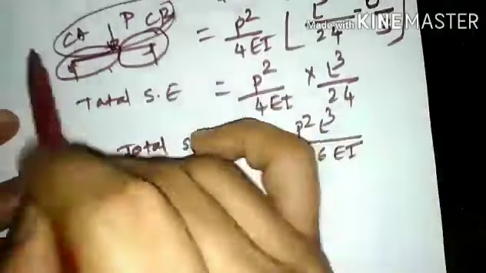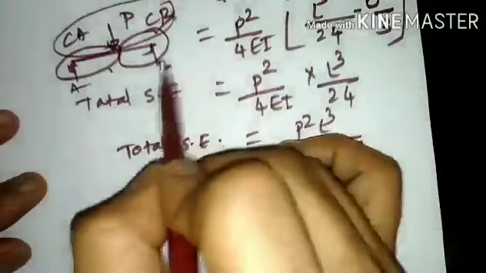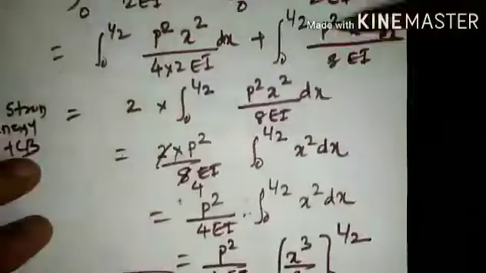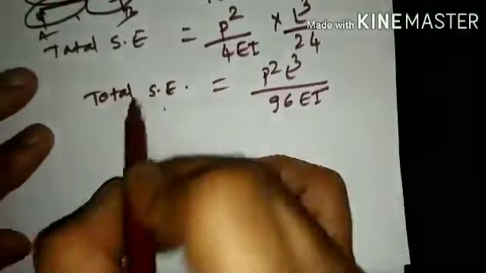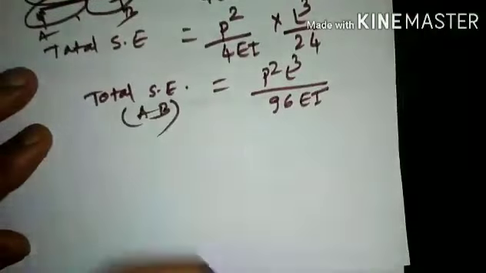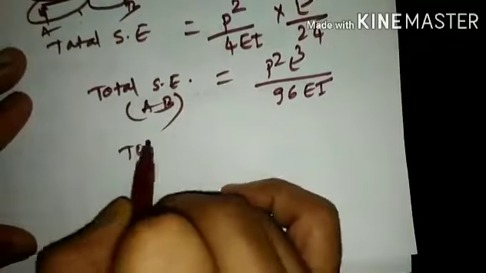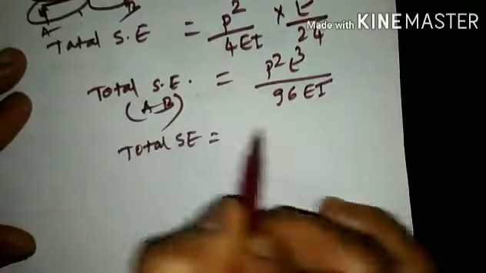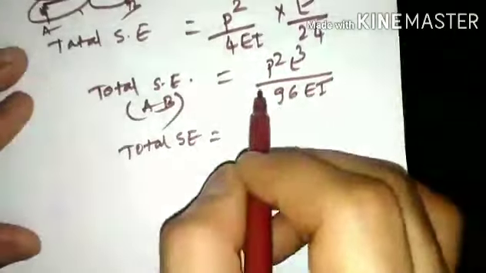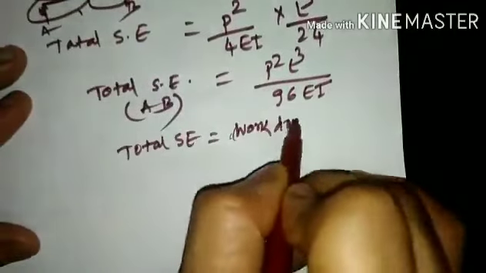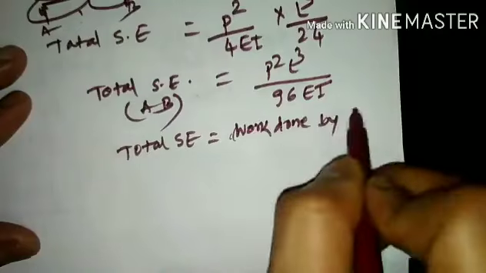So if I add CA plus CB, it will be the total strain energy in the member AB. For that reason, we have considered two independent parts, and the total strain energy has been calculated in the member AB. So the total strain energy is equated to the external work done, that is, the work done by the external load.